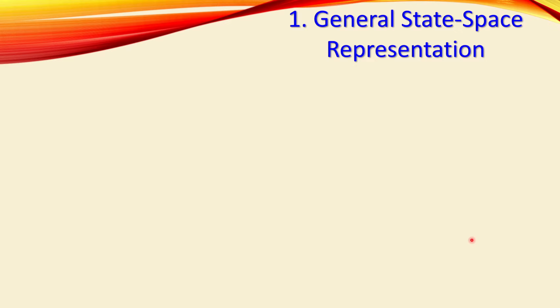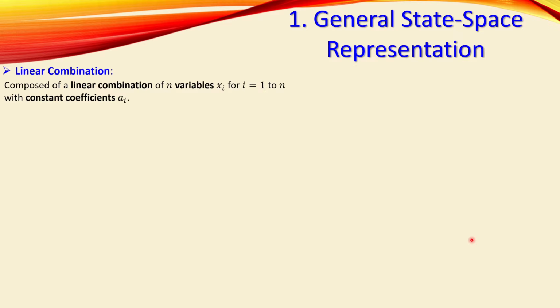So let's move on. We have the first topic, which is our general state space representation. Let's first discuss what it is. Before we move on, let's also talk about linear systems or linear combinations. What is a linear combination? It's composed of a linear combination of n variables, which we can call xi with an index i that runs from 1 to some number n, and it has a constant coefficient.